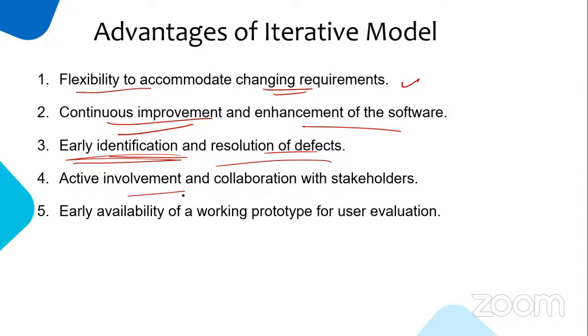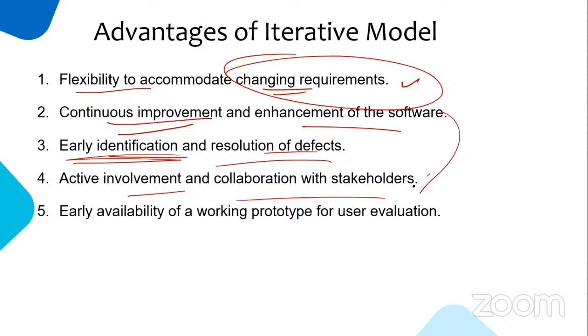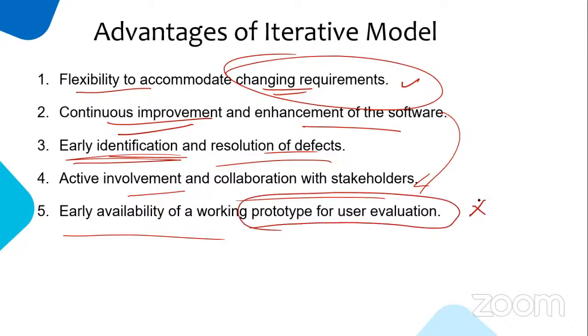Active involvement and collaboration with the stakeholders, nothing but the customers, because change in requirement is going to be set by the customers. Definitely, they're going to be involved everywhere. And early availability of a working prototype for user evaluation. This is what is important. Understand the difference between the prototype and the live application.